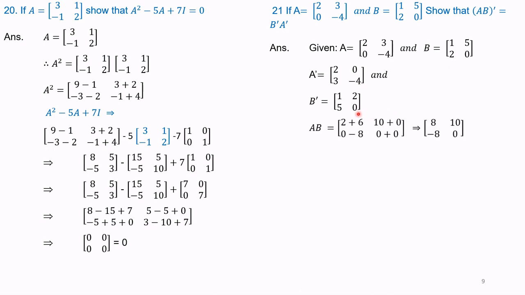Hence now we have to find the value of AB. AB is A into B. Two plus 6, 10 plus 0, 0 minus 8, and 0 plus 0.